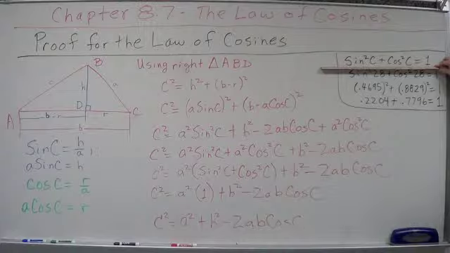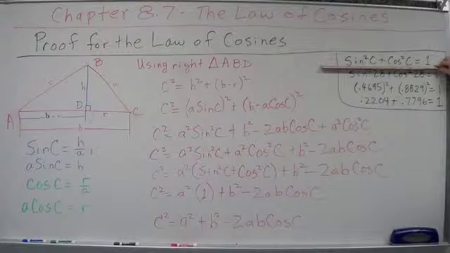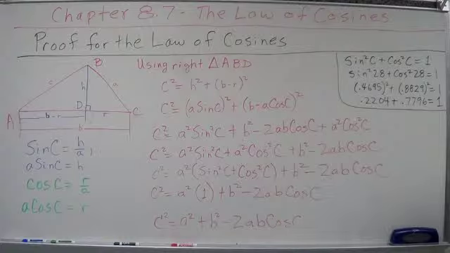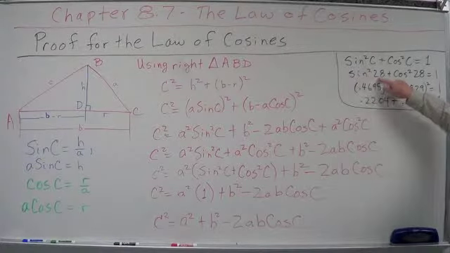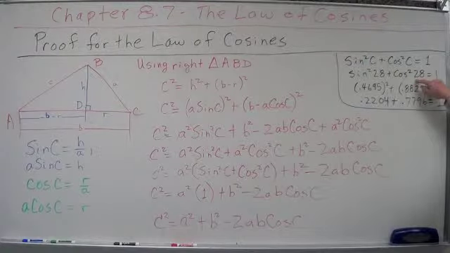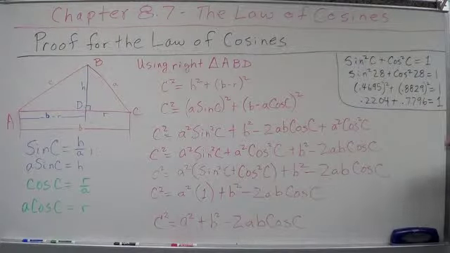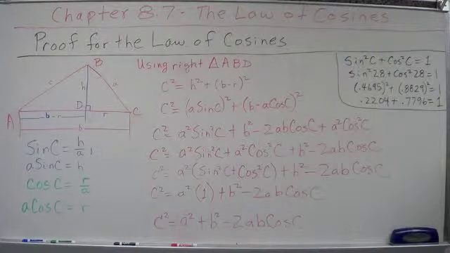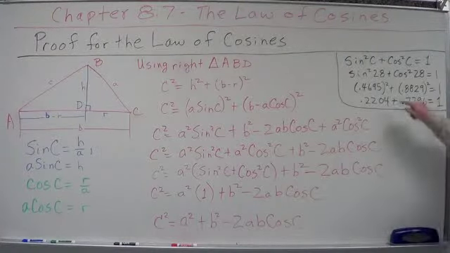Well, I'm not going to use a special angle like a 30-60-90 or a 45-45. Okay? What we're going to do is use 28 degrees. So we're going to take the sine of 28 degrees and square it, and then take the cosine of 28 degrees and square it, and it equals 1. So what is the sine of 28 degrees? It's 0.4695. Take it to 4 decimals.